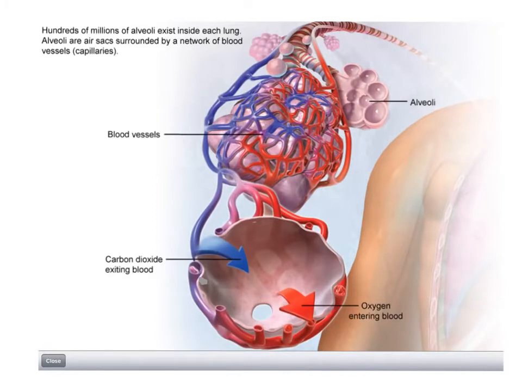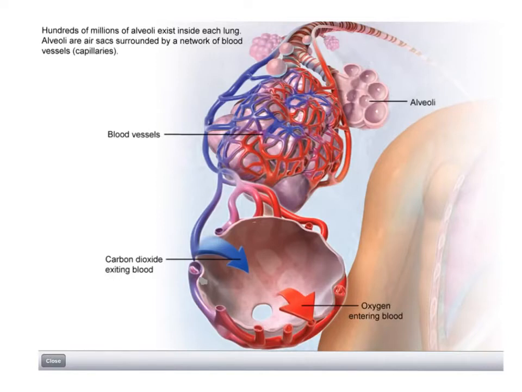Here's another view of the pulmonary capillaries encircling the alveoli, the tiniest of the air sacs. And the magic that happens here, in this very thin, one cell or so thick interface, is that the pulmonary capillary is right next to the wall of that alveolus, and gases, oxygen and carbon dioxide, can diffuse into and out of the bloodstream.